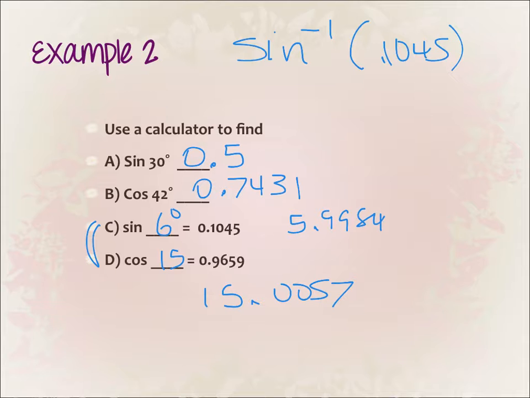If it says give it to 4 decimal places, or if it says tenths or degree, just read what it's asking for. And also, whenever you're looking for an angle, then you're going to use that shift key or the second key on your calculator to get an angle measure. Everybody good on this slide?